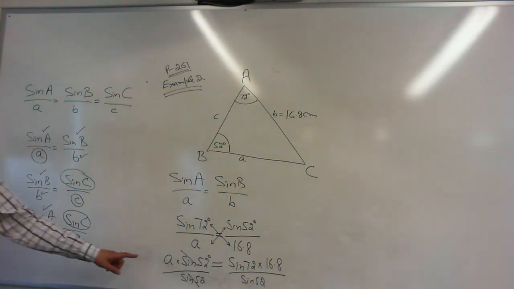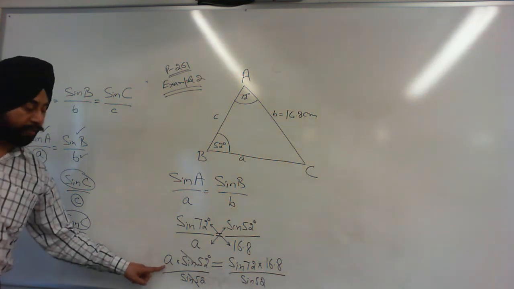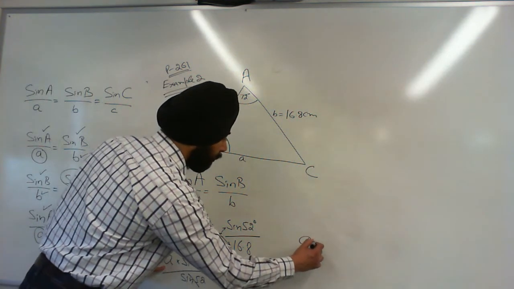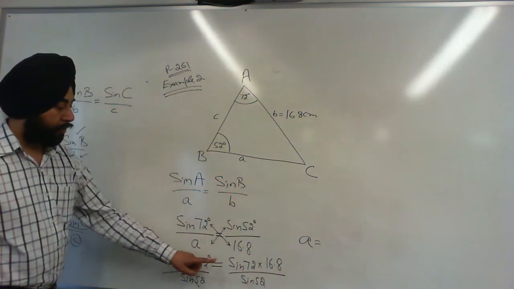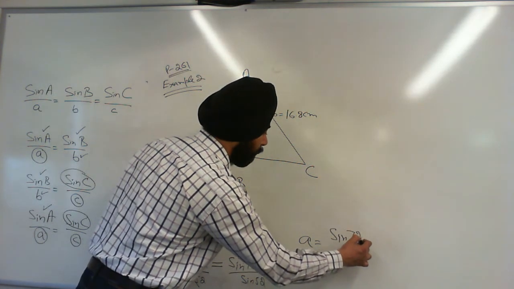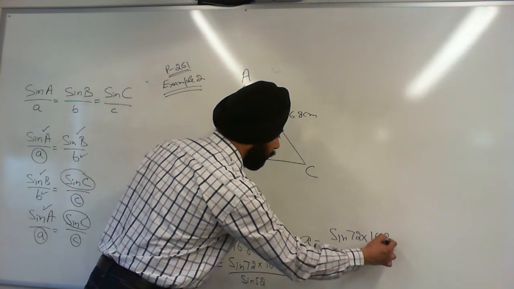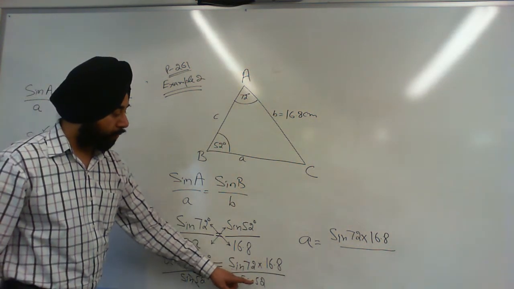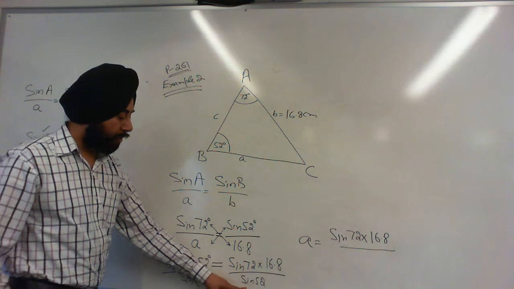That leaves only A. Your A is isolated. So this will give you A is equal to sine 72 times 16.8 divided by sine 52.